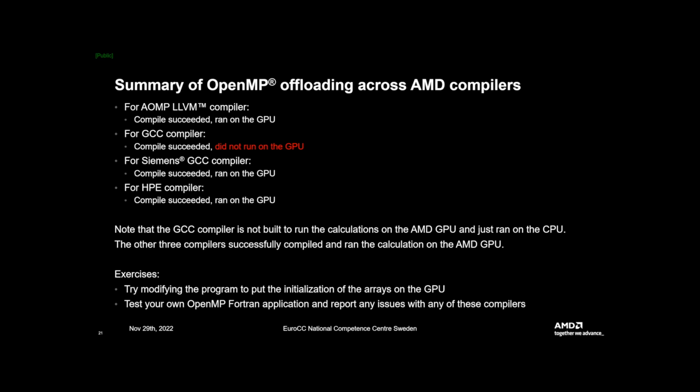Similarly with AOMP and the HPE compiler. So we have several options today for how to run offloading on the AMD GPUs. If you are on a Cray system, I would recommend the HPE compiler at this point, and testing out the AMD compilers as they get more maturity.